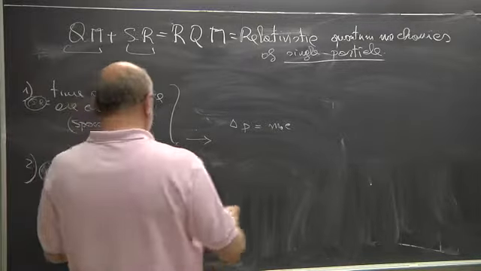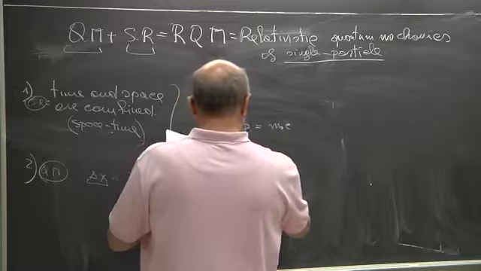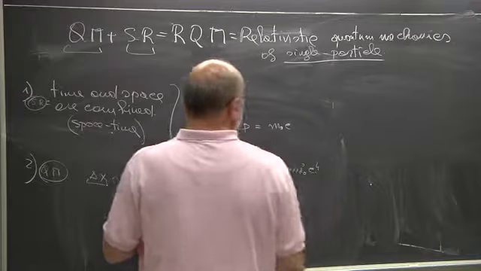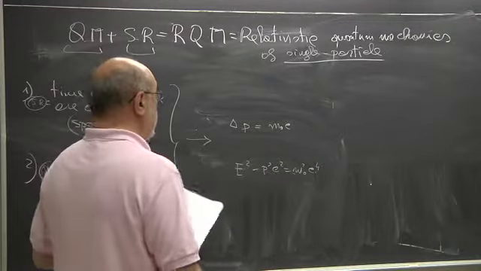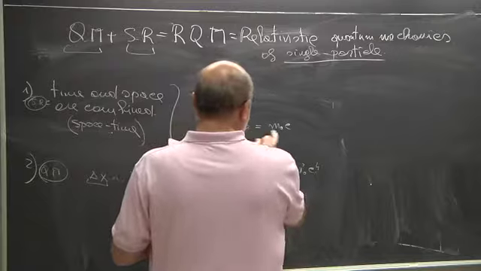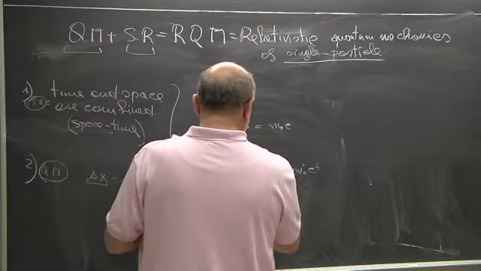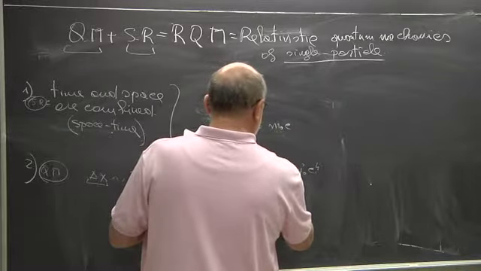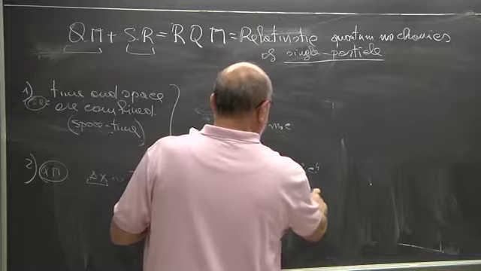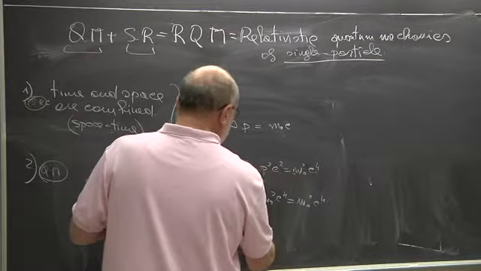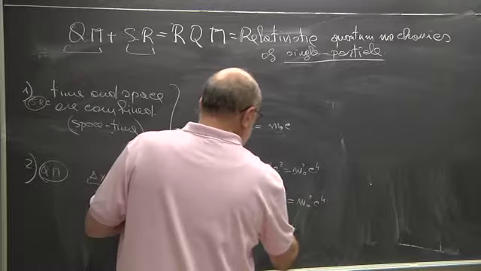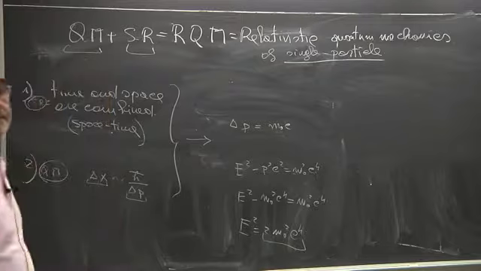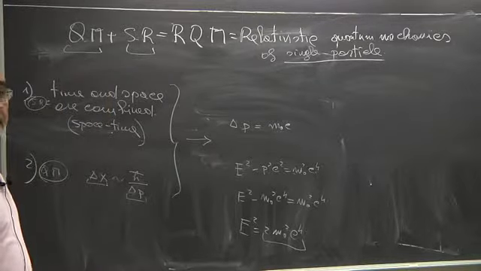Why? Let's remember the famous relation E squared minus p squared c squared equals m squared c to the fourth. The famous relation, that E and p are related by this. Then if the momentum is this object, you get E squared equal to 4 m0 squared c to the fourth, but this means the energy is 2 m0 c squared, and this describes two particles at rest.